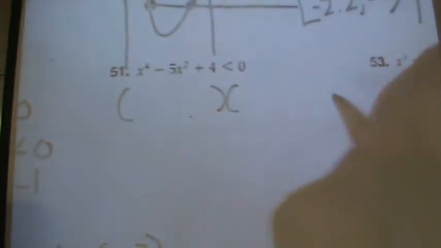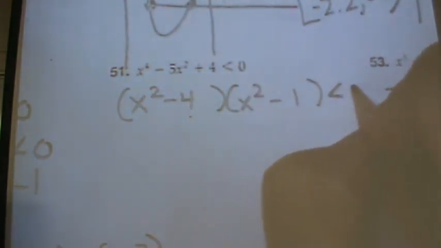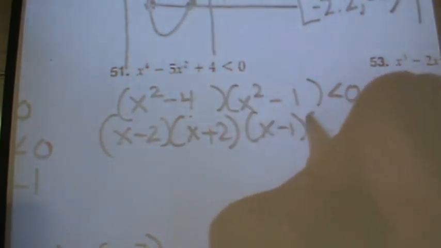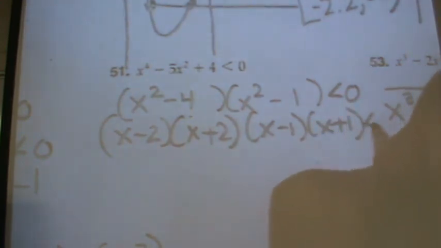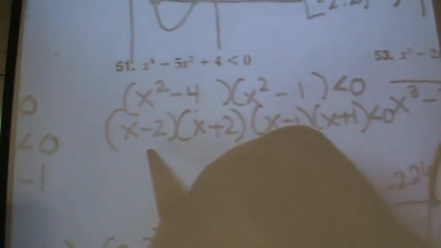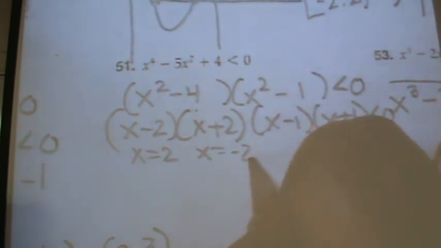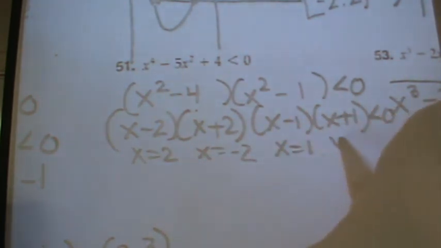And the last one. We could factor this. This is factorable. There's 4 zeros here. x squared minus 4, x squared minus 1, and x minus 2, x plus 2, x minus 1, x plus 1. So now your zeros are 2, negative 2, 1, and negative 1.